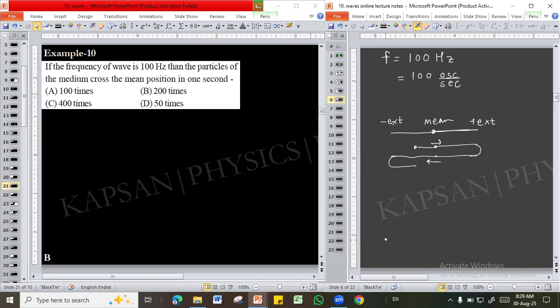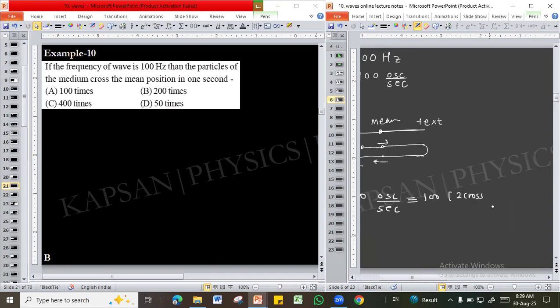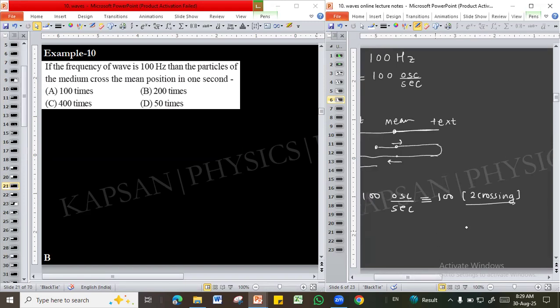2 times. So write down like this. Frequency is equal to 100 oscillations per second, equivalent to 100 as it is. One oscillation can be replaced as 2 crossings upon second as it is.